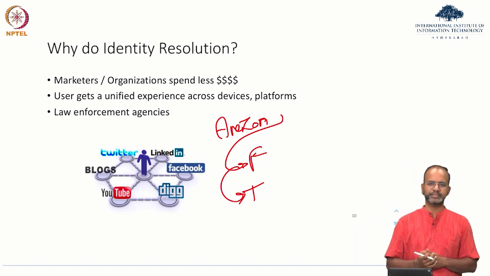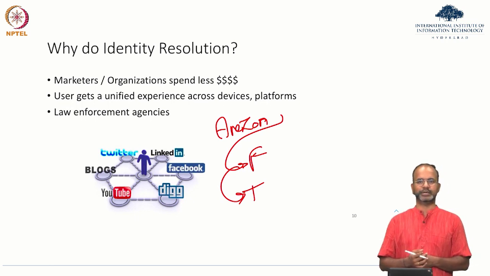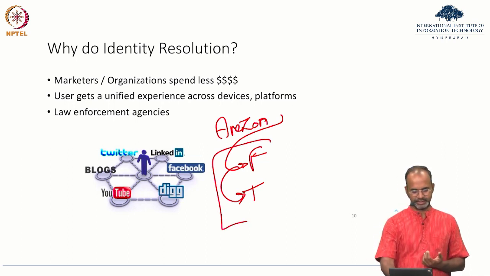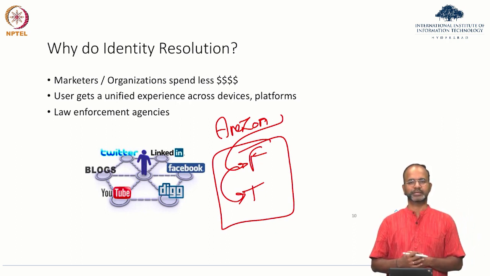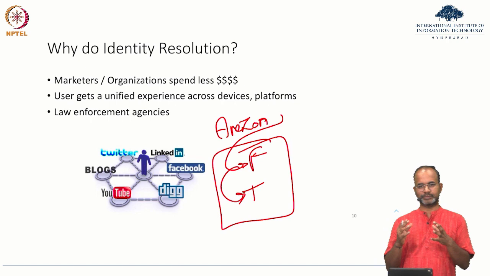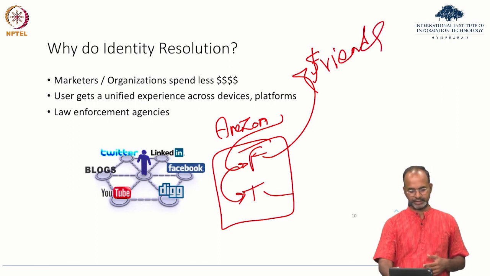There's also a third reason why identity resolution becomes useful, which is at the law enforcement agencies level. Same thing. Let's think that if the PK handle is doing something malicious, for law enforcement to understand whether they're targeting two users or one user just helps them. And if they have information from these two platforms which are different, for example, from Facebook they can probably get stronger friends, and from the other they can get all the accounts that they are following.